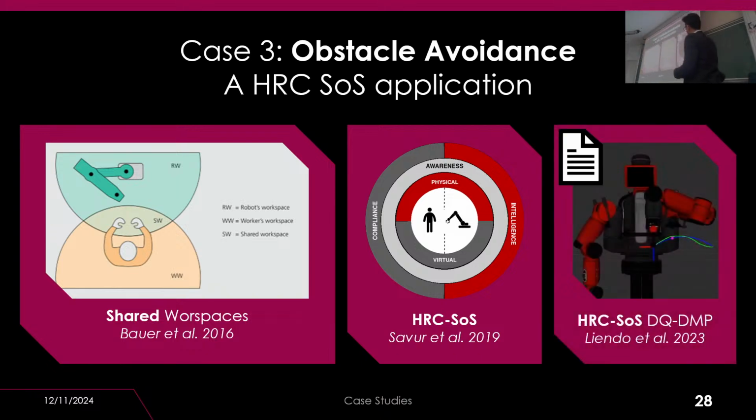So we proposed in 2023 a method based on dual quaternion dynamic movement primitives for obstacle avoidance aiming towards human-robot collaboration as a system of systems. This has also been published as a conference paper.